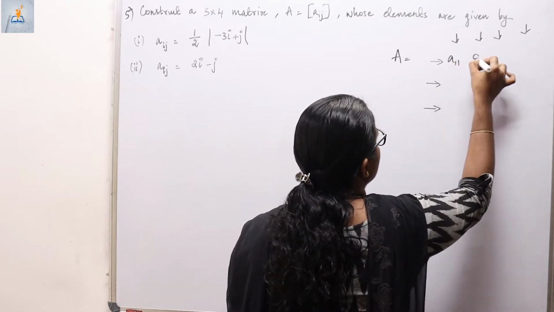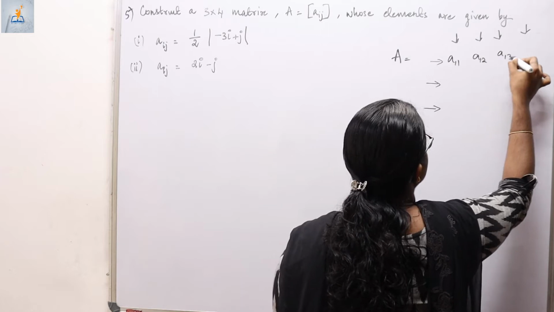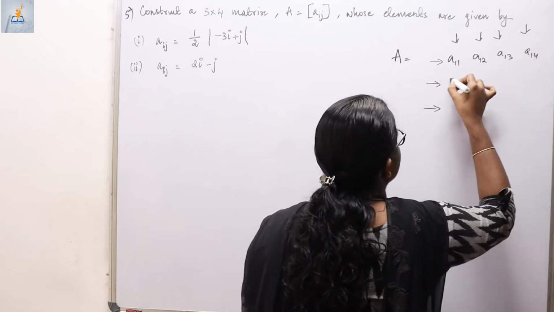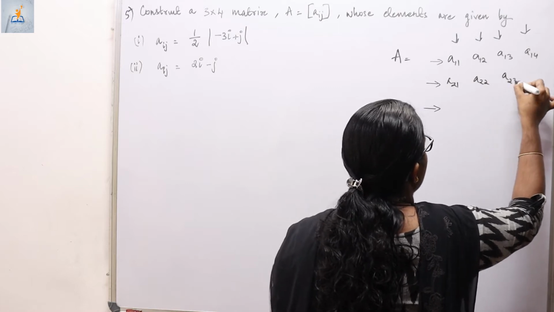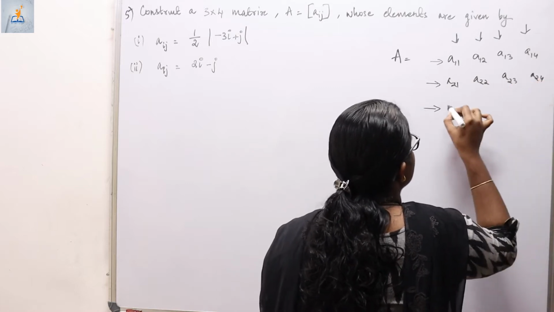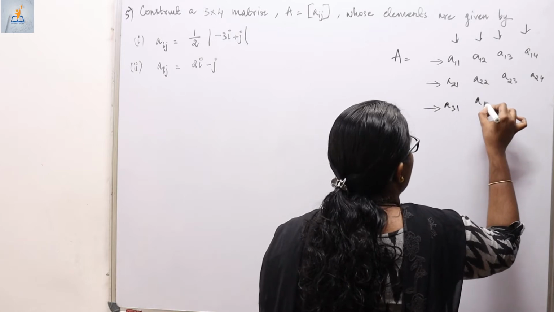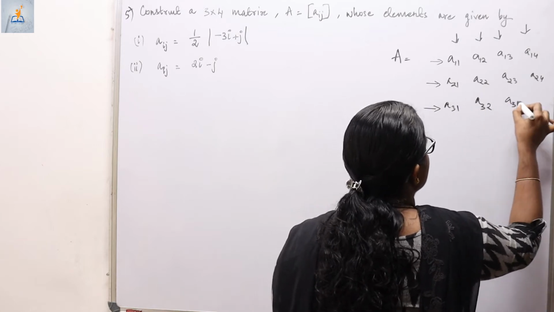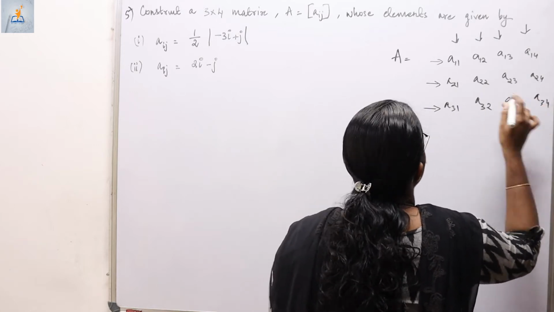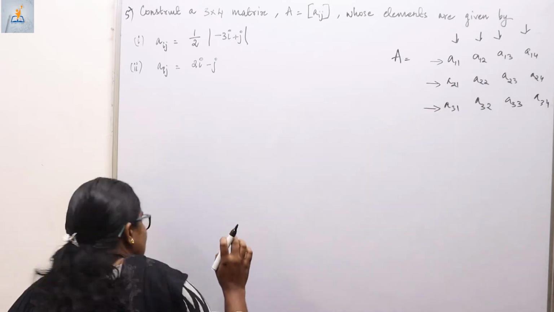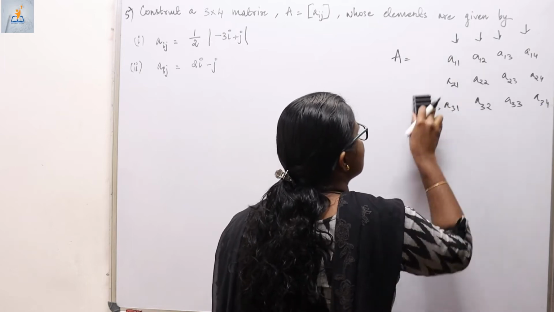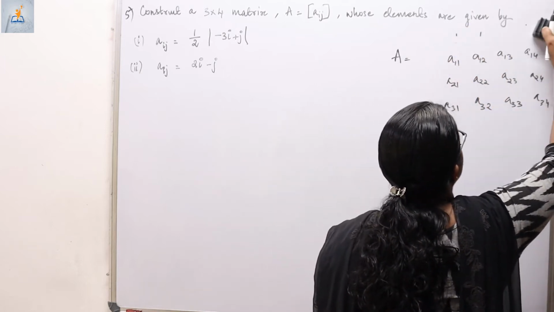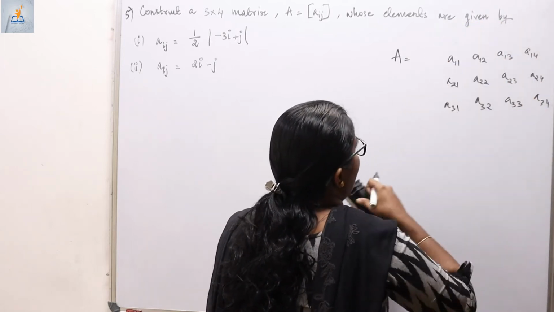It would be A11, A12, A13, A14, and again in second row A21, A22, A23 and A24, and in third row we have A31, A32, A33 and A34, and this particular matrix is having 3 rows and 4 columns.